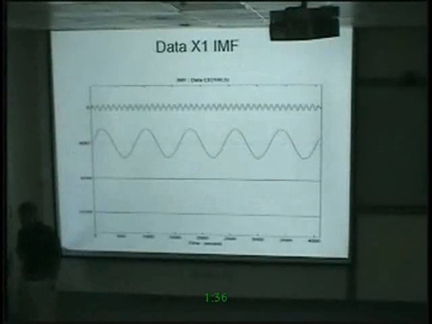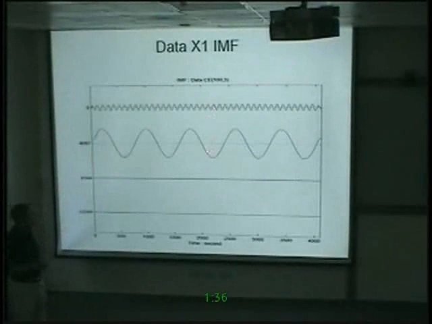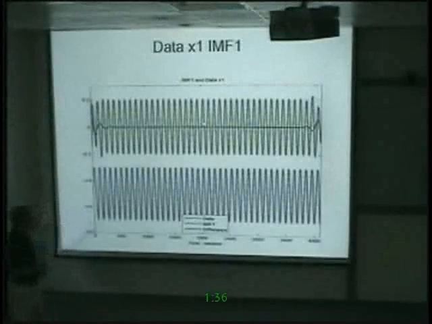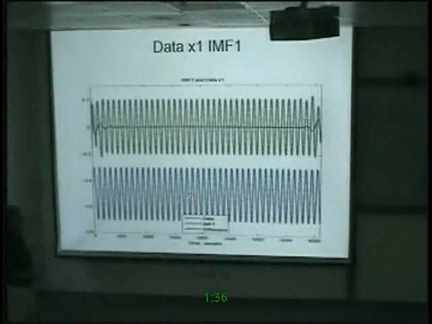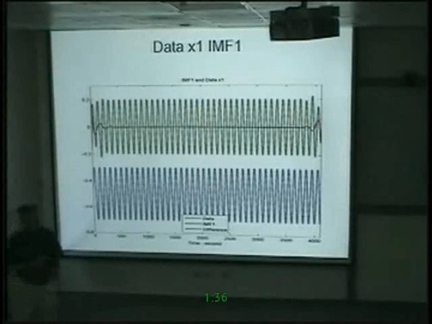So if you decompose, you get two components. These two components are the two constituent components that I put in: 0.2 times sine t over 16 plus the large amplitude one. You compare this component with the original data. This is the component we pull out. This is the original data. They look the same except for some end effects.